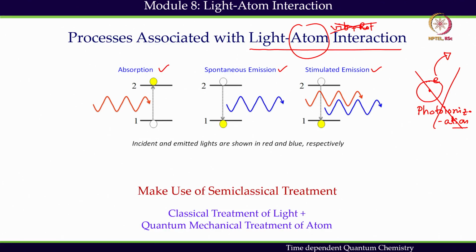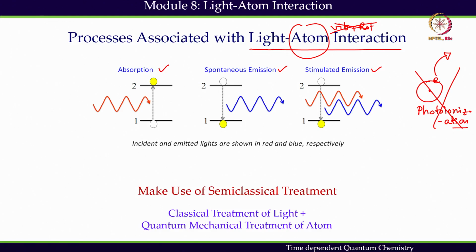Polyatomic molecules can have vibrational and rotational transitions as well, but we will go over it later. In this module, we will just focus on light atom interaction, which can render electronic excitation or de-excitation in terms of absorption, spontaneous emission and stimulated emission.